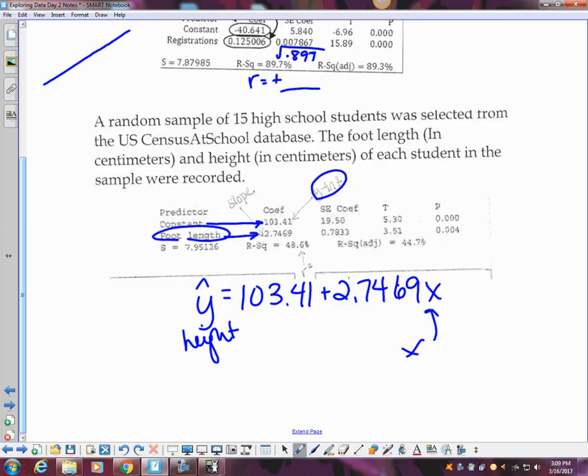And there's foot length. Again, there's my r squared. I would square root that to get my r. My slope is positive, so my r would be positive. Right, okay.